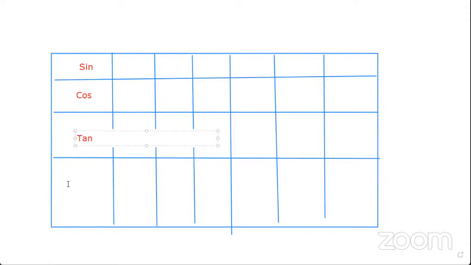And I ask you to fill these things as well, that means cosec, cot, and sec. Those things I ask you to fill. But we'll focus only on these basic angles.